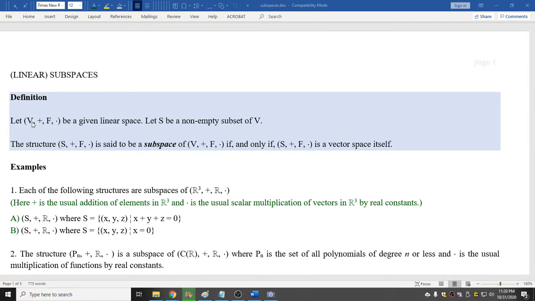Here V is a non-empty set, plus is addition of elements in V, F is a field, and dot is scalar multiplication of field elements by elements of V. Let S be a non-empty subset of V. The structure consisting of S, plus, F, dot is said to be a subspace of the given linear space if and only if the structure with S is a vector space itself.